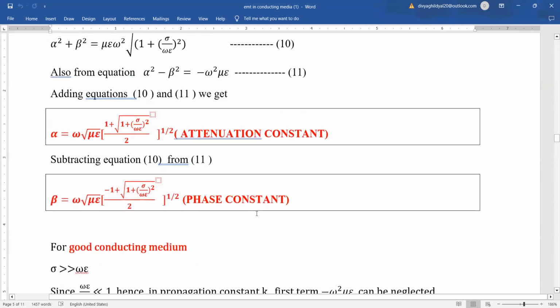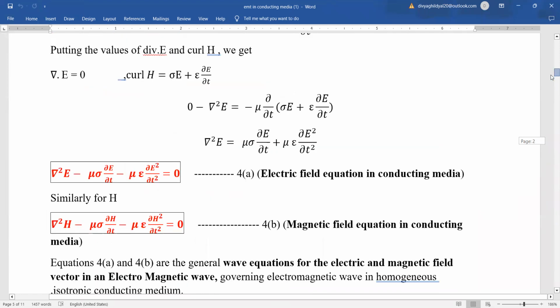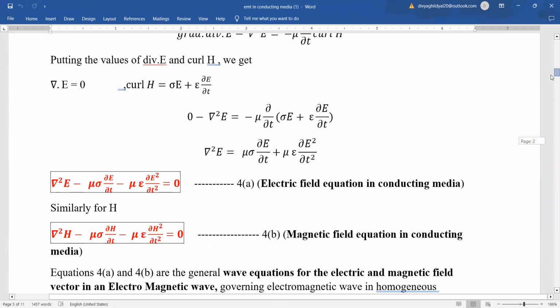So what we have to remember for an electromagnetic wave in conducting media is that the electric field equation in conducting media is given by del 2E minus mu sigma del E by del t minus mu epsilon del 2E upon del t2.